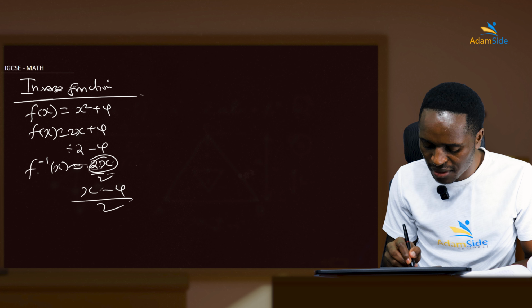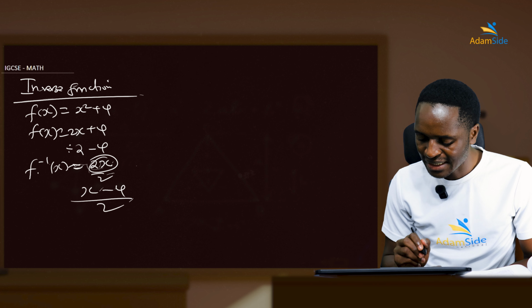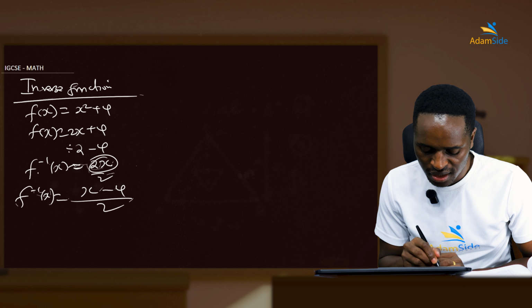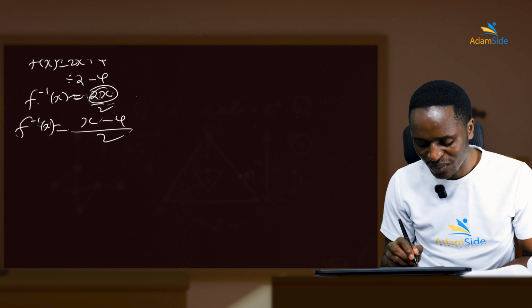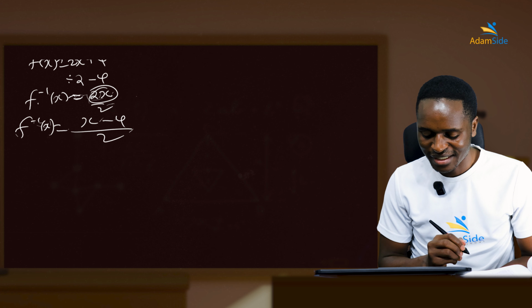Then instead of plus, you say minus 4 over 2. So your answer will be x minus 4 over 2. Correct. This becomes your inverse function.